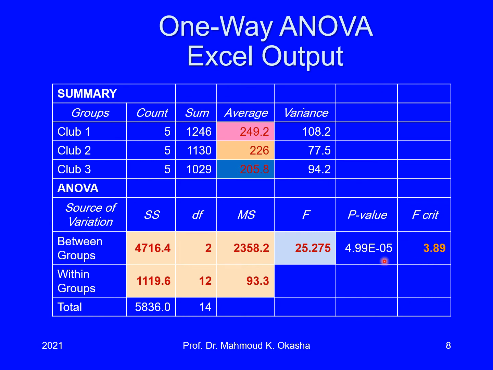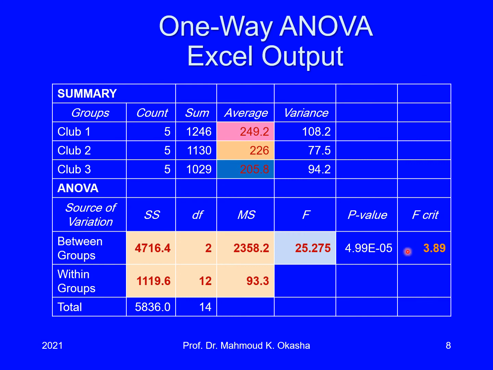Also, using the p-value, which is 4.99 multiplied by 10 to the power of minus 5, that means you need to move the decimal point 5 spaces. So 4, 0, 0, 0, 0, then the decimal point.